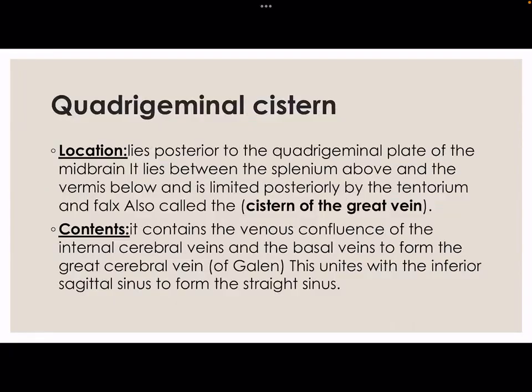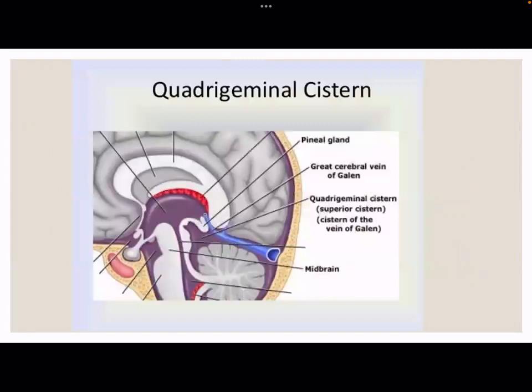Next is the quadrigeminal cistern, and also from the name, it lies behind the quadrigeminal plate of the midbrain, or the tectum, and below the splenium of the corpus callosum and the vermis of the cerebellum.